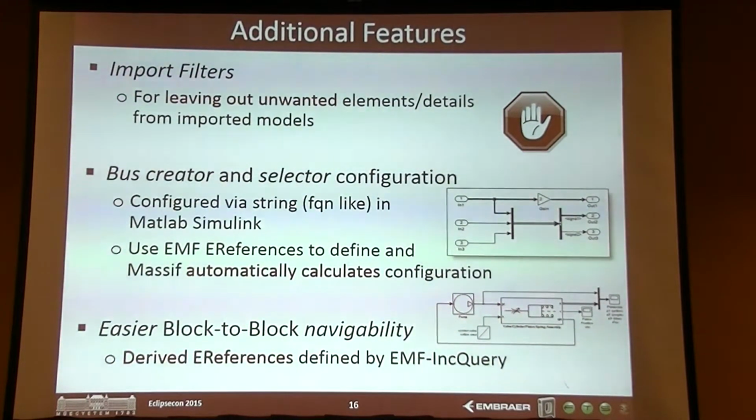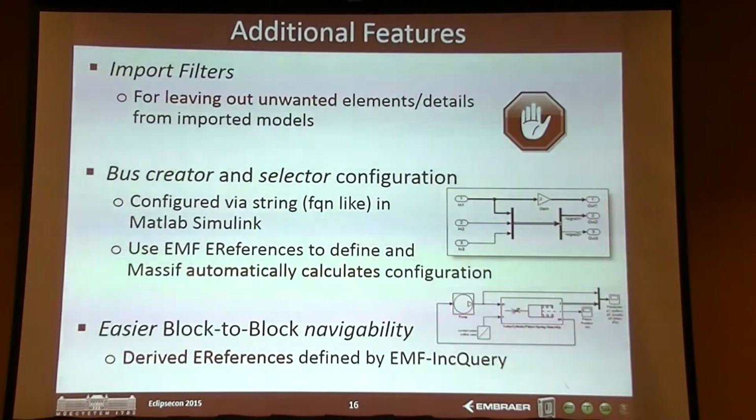Also, I wouldn't go into details, but this is a really tricky part of Matlab Simulink: bus creators and selectors. A string-based, fully qualified name-like configuration is required to work properly. Within Matlab, it works well to have these bus creators and selectors.